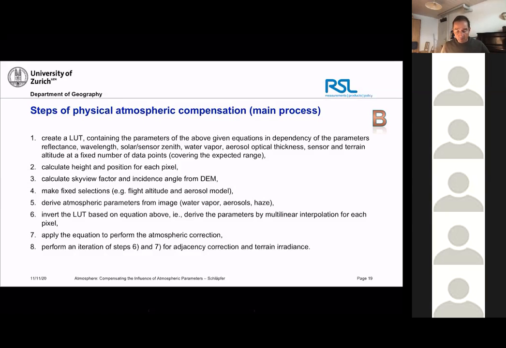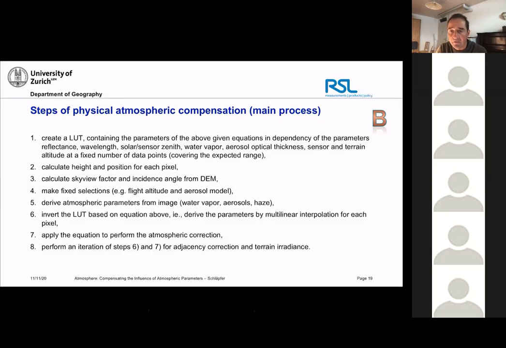And then some things have to be fixed. For instance, one assumes a constant flight altitude, so assuming the aircraft is not changing its altitude while taking the picture, which is normal. Or we assume a constant aerosol model like the rural aerosol model. Then some parameters have to be derived, like water vapor, aerosol, maybe haze, and then the lookup table can be inverted.